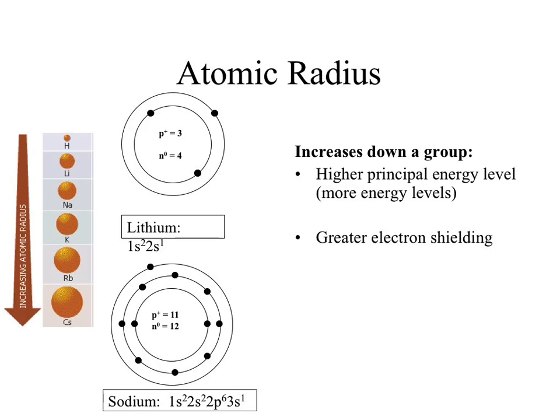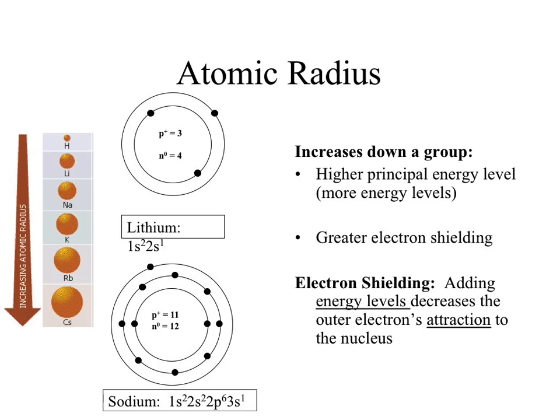Now, electron shielding, as you add energy levels, it decreases those outer electrons' ability to stick to the nucleus, because there's so much other stuff in between the outer energy level and the inner protons. So as you add more energy levels, it becomes harder and harder for these outer electrons to stick on the atom.